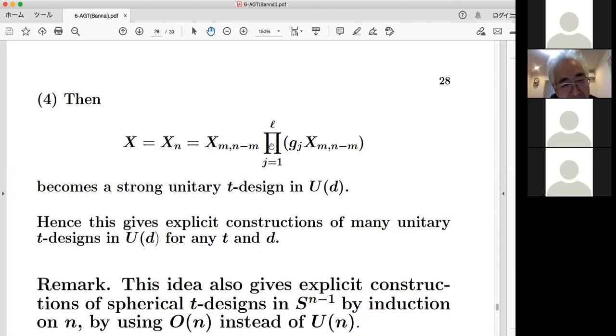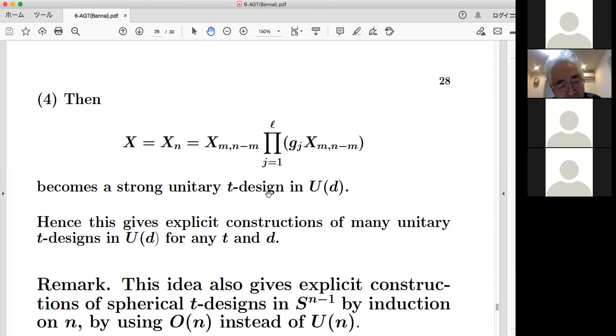Then this gives a set in the unitary group. Actually, there is a possibility that some elements here may have multiplicities. Namely, exactly speaking, this is a multi-set. But in that sense, this set becomes a strong unitary t-design in U(n).